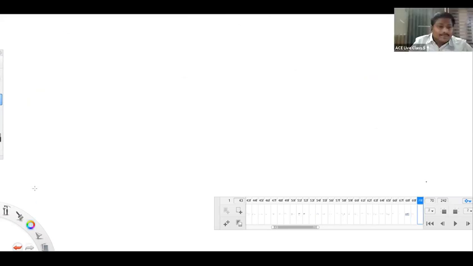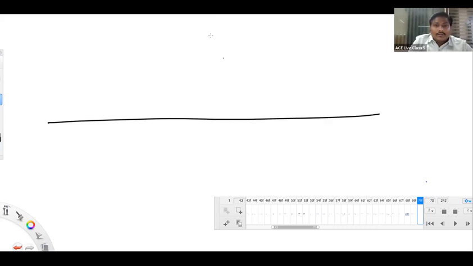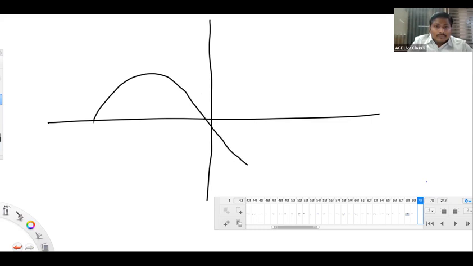See, for example, this is the power angle curve. This is your load line, first load line, number one. This is your present delta.